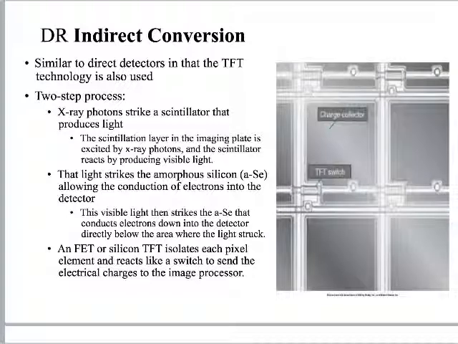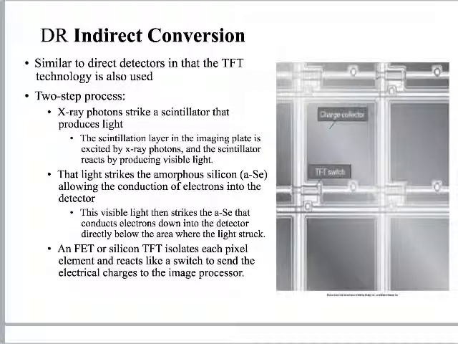And the big difference here is that that light is going to strike amorphous silicon, right? So in direct capture we had the amorphous selenium substrate. In this indirect capture we're going to be using amorphous silicon. Why? Because we're capturing light. That's the short answer, right?